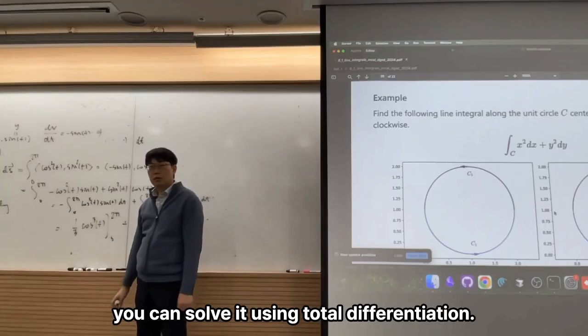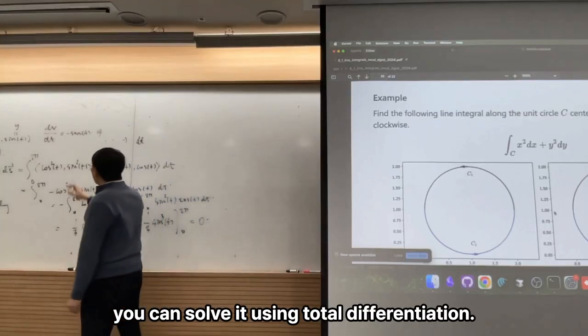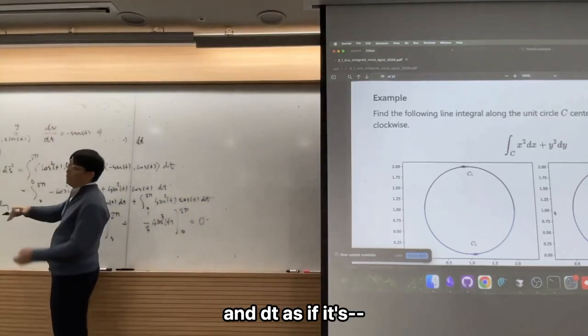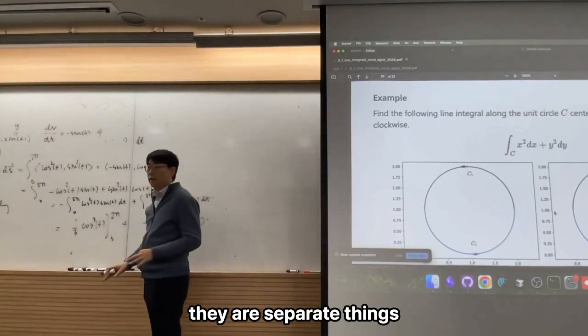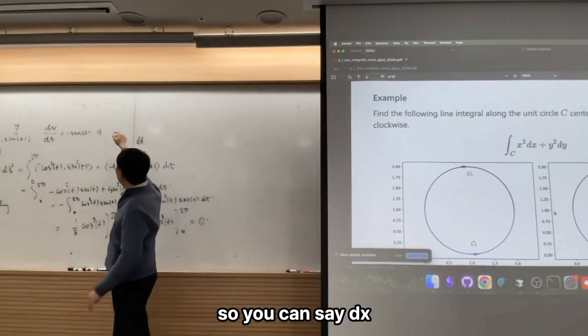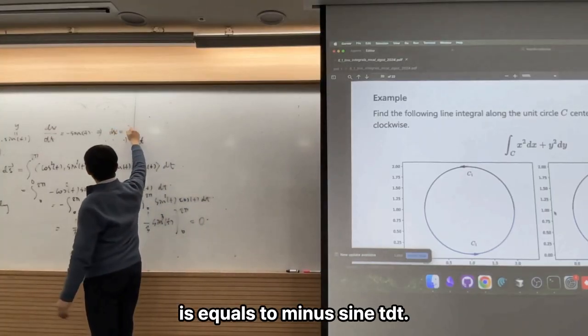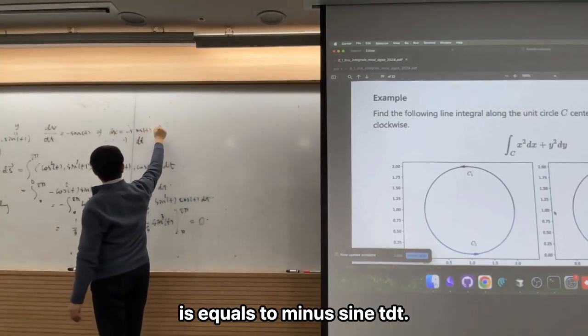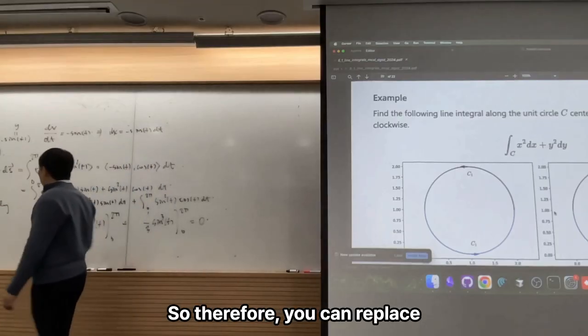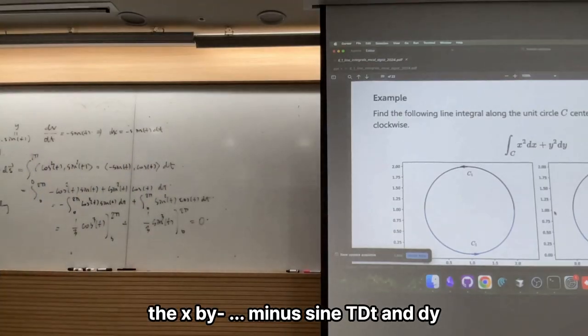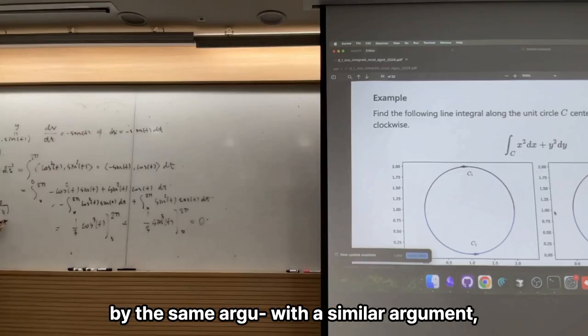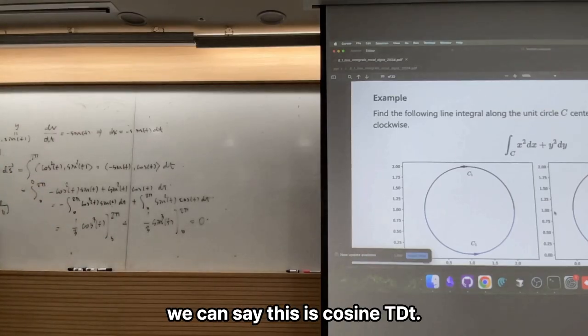That's one technique you can use. You can split dx and dt as if they are separate things, some kind of number. So you can say dx equals minus sine t dt. Therefore, you can replace dx by minus sine t dt, and dy, with a similar argument, by cosine t dt.